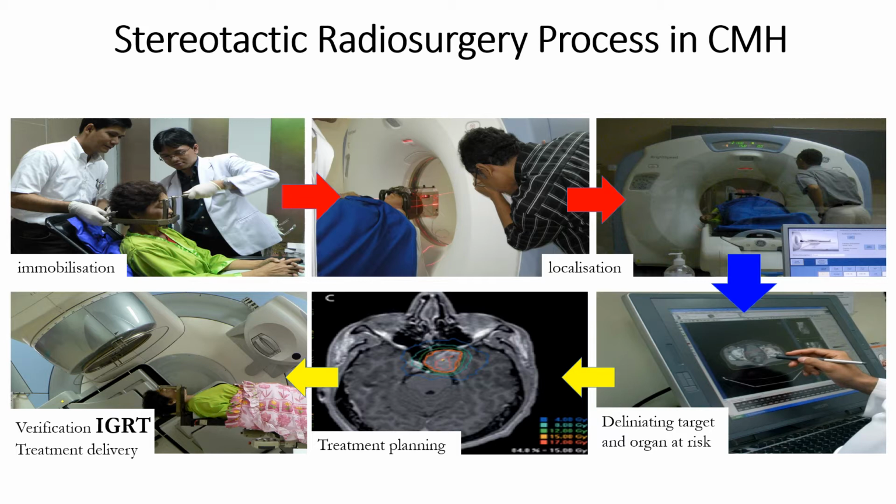Nowadays, we no longer need to screw such a frame to patients' heads. The function is replaced by a special flexible frame with an accuracy level similar to the Leksell G frame, and it is completely non-invasive to the patient.